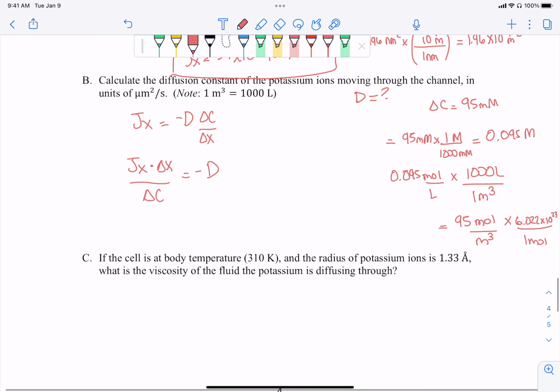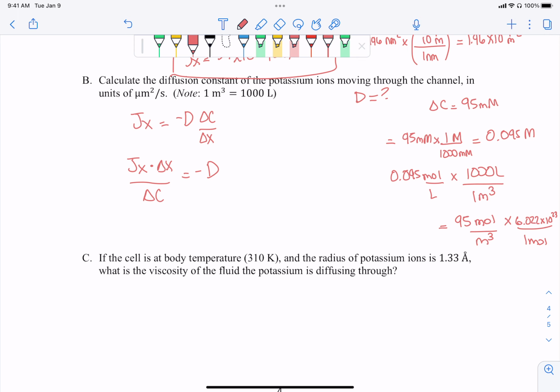So that's one thing. And once we have our ions per meter cubed, then we're looking at plugging all this stuff in.